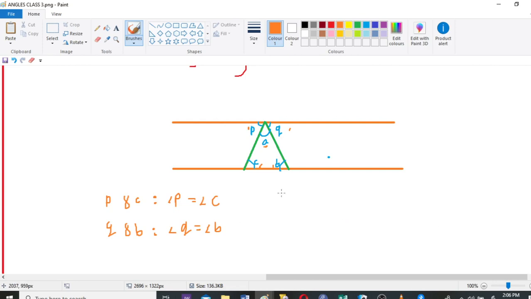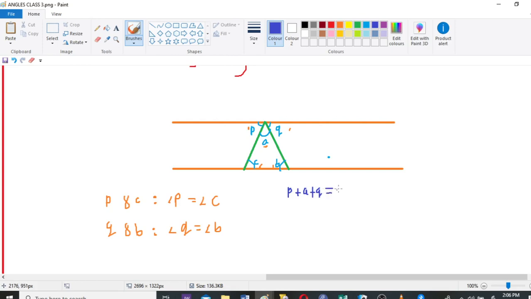Remember that from the straight line property, the angles on a straight line, if you are to add angle P plus angle A, okay, what's this? So P plus A plus Q, what are you supposed to get?